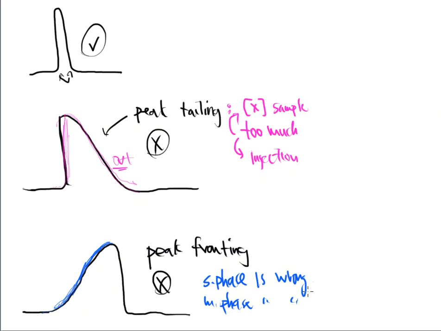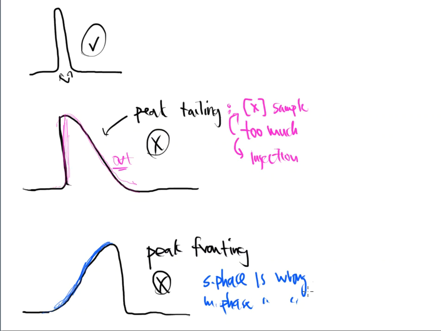It's getting to that point that's the problem. And sometimes it's taking forever for that component to go through, and it's not coming together as a cluster. So I need a better interaction. I need better retention to begin to happen in the column. And the only way to really achieve that is through a stationary phase change or a mobile phase change.